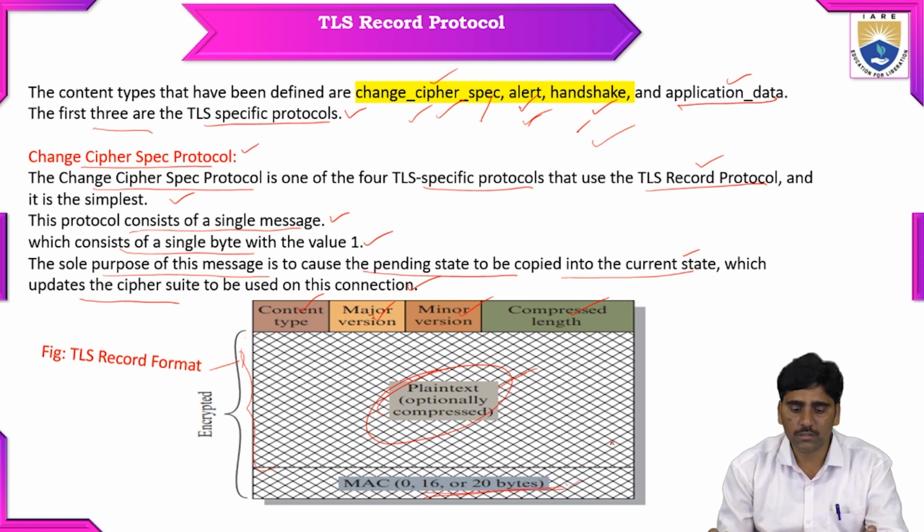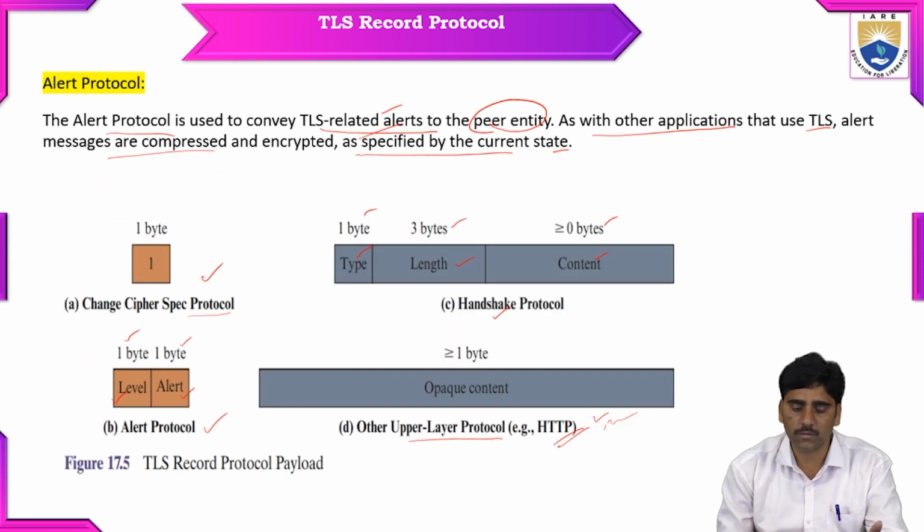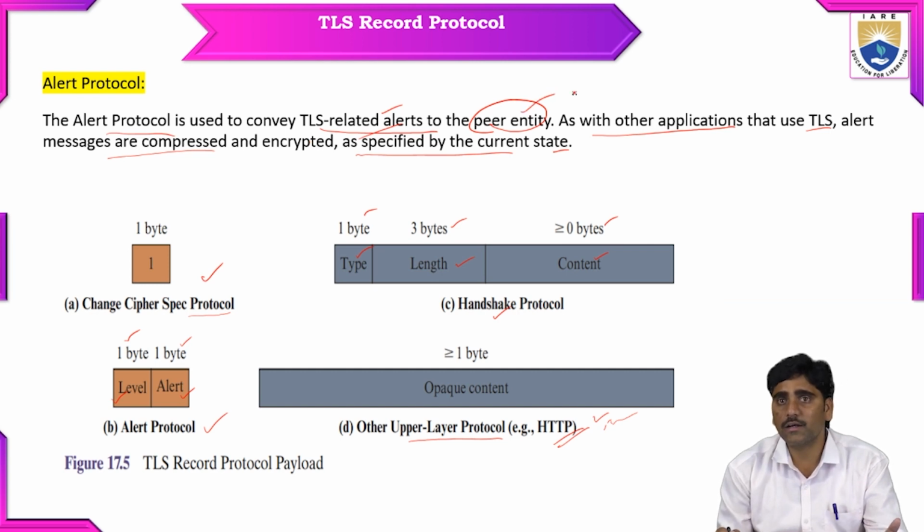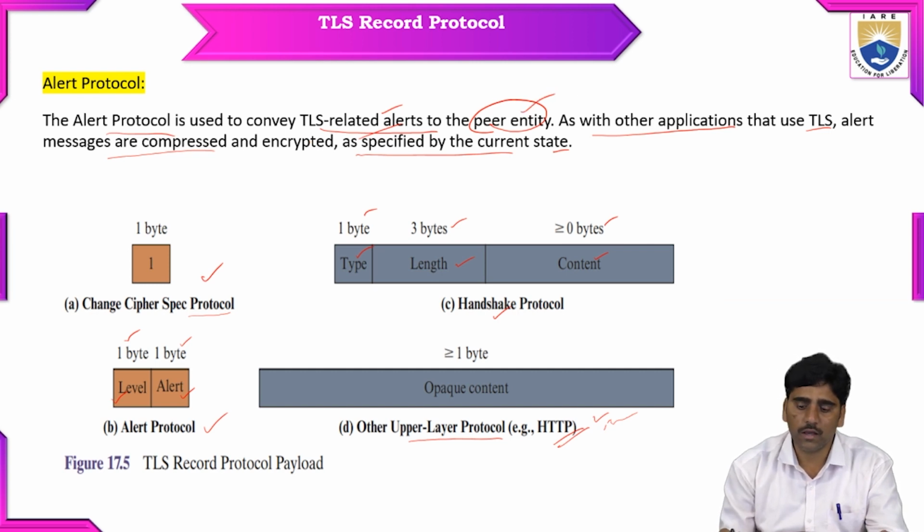So these are the change cipher spec protocol fields and the record protocol format fields. And the alert protocol is also the same; it is used for conveying TLS related alerts to the peer entity. And as with applications that use TLS, it is compressed and encrypted.